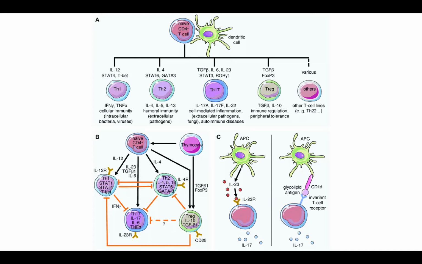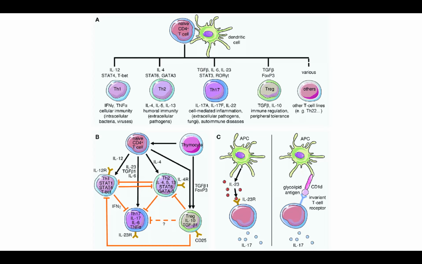All right, you have your naive CD4 positive T cell. Now, if it's producing IL-12, then you're going to create a T helper cell 1. And that T helper cell 1 now is going to have an inhibitory effect on Th17, and the T helper cell 1 will have an inhibitory effect on Th2.